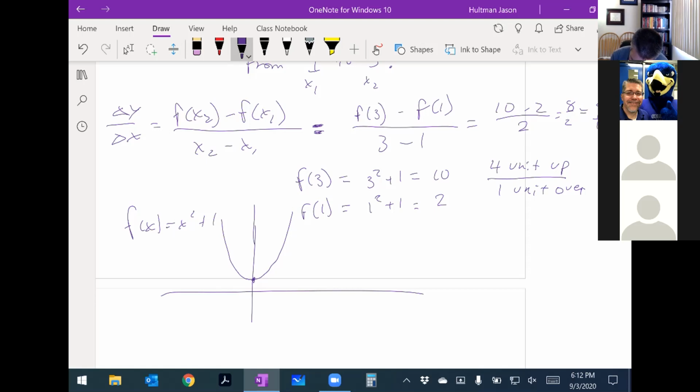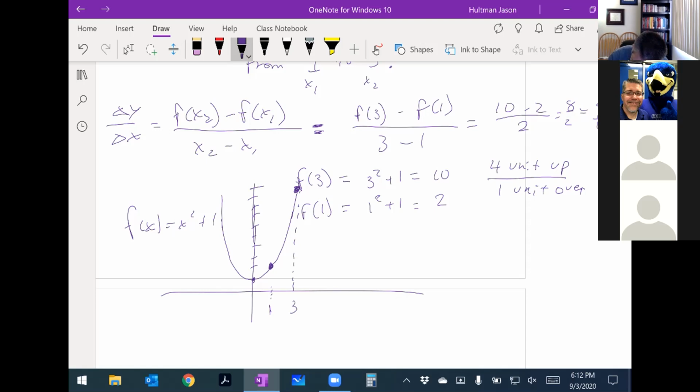If we go 1, 2, 3, 4, 5, 6, 7, 8, 9, 10, let's go way up. On average, how much is this changing? Well, we have this point over here, f of 3, and this point over here, f of 1. This is when x is 1, and this is when x is 3.